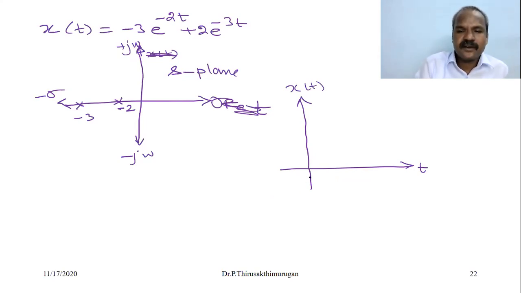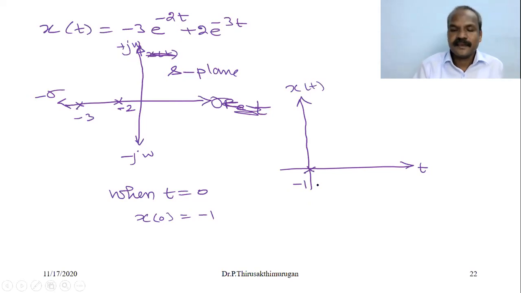When t equal to 0, what is x of t? Minus 1, sir. x of 0 is minus 1, right?